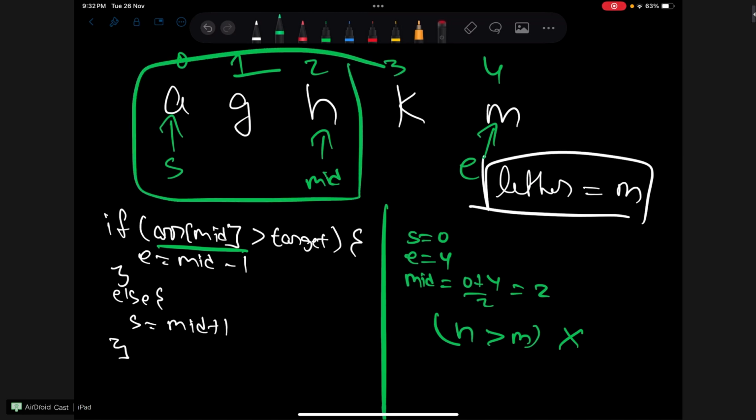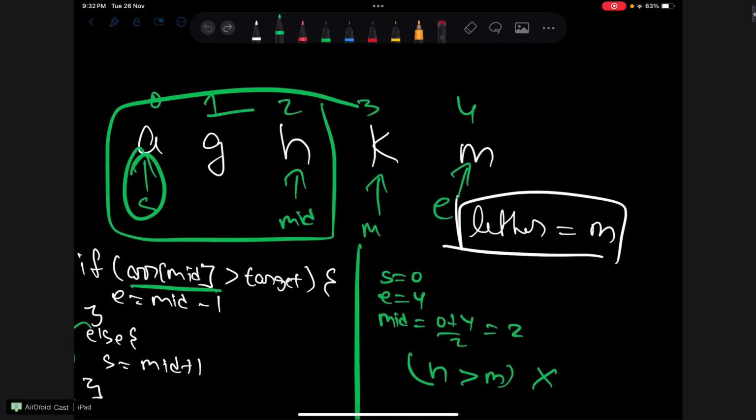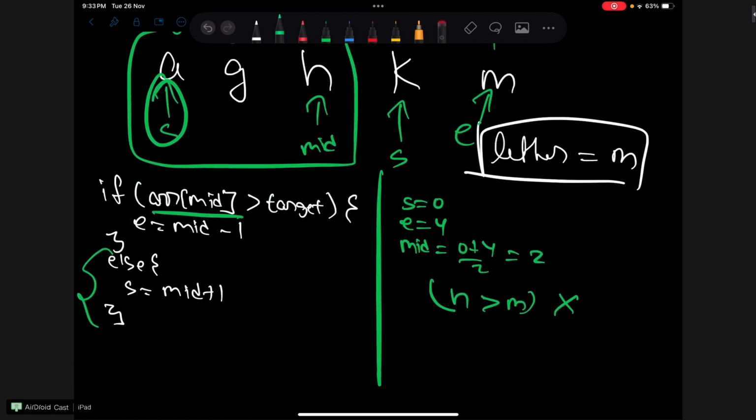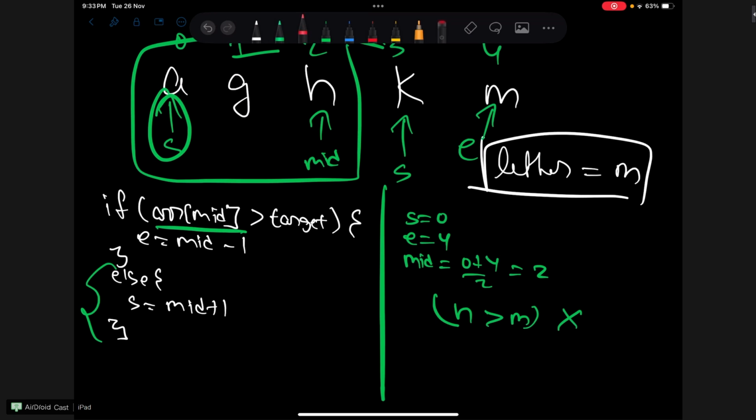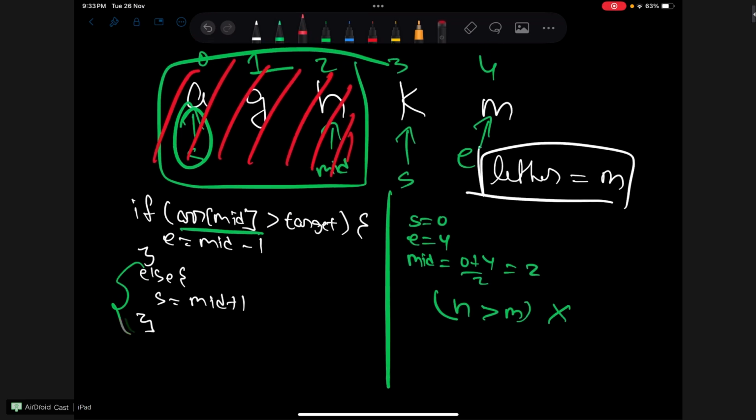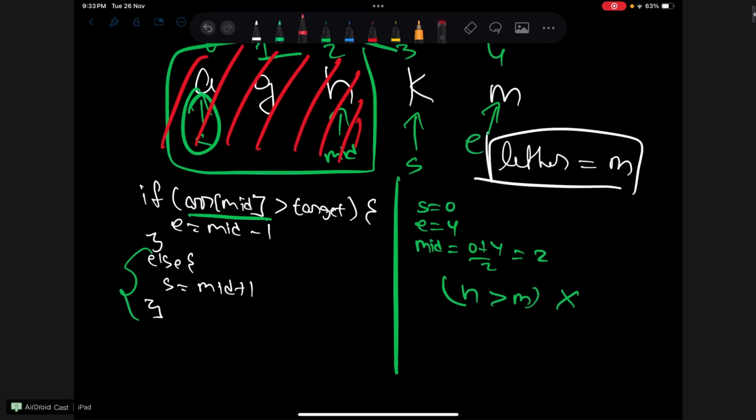Okay, so that means S pointer has to move to mid plus 1. So this is where the S pointer is going to move next, and this entire thing is going to get discarded. Okay, so my S is pointing at K, my E is pointing at M.